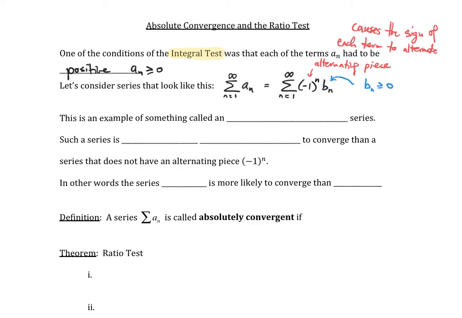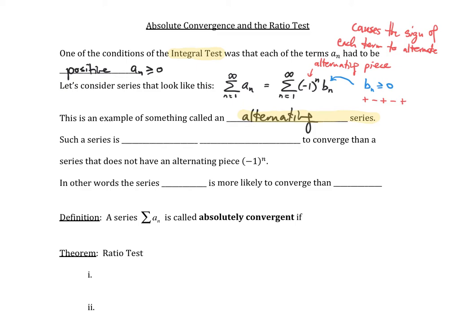If you were to look at the signs of a series, it would be plus, minus, plus, minus, something like that. And a series that looks like this is an example of something called an alternating series.